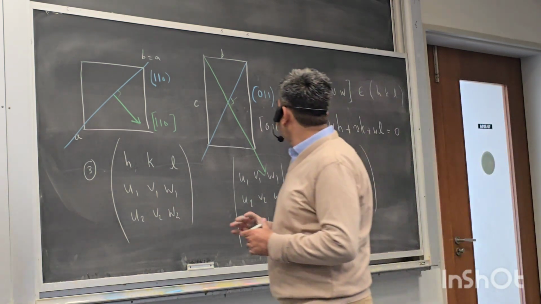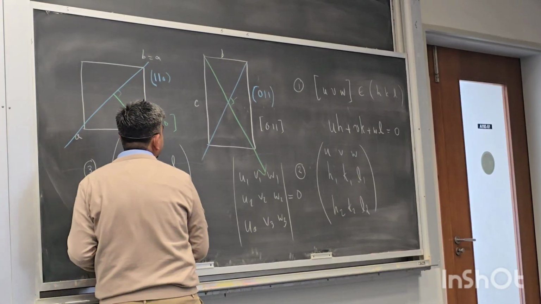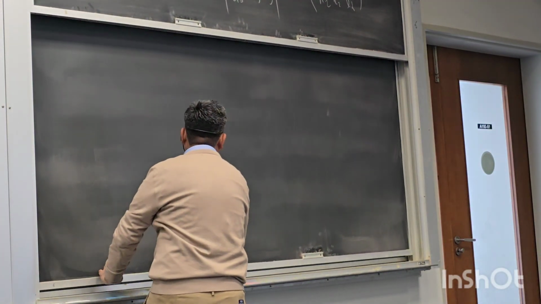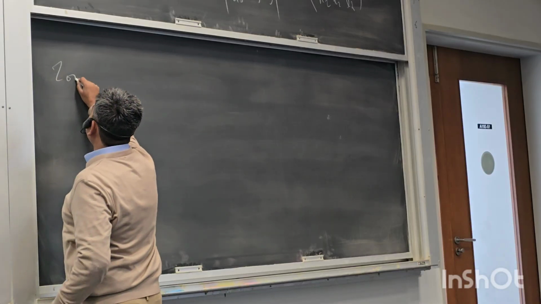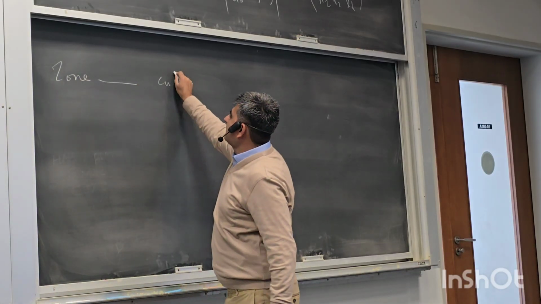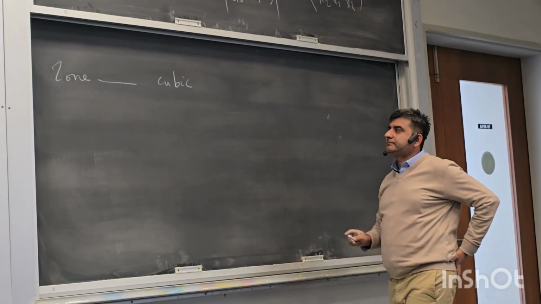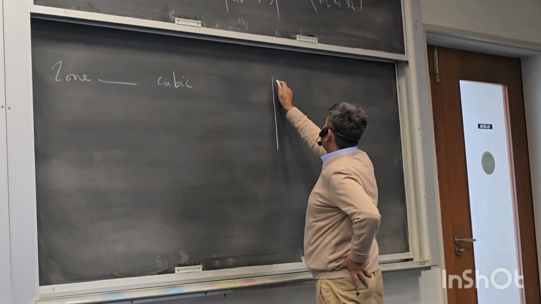So one example I would just like to highlight is about the zone. Suppose I am considering the cubic system and I have 3 planes. Let me draw those planes.